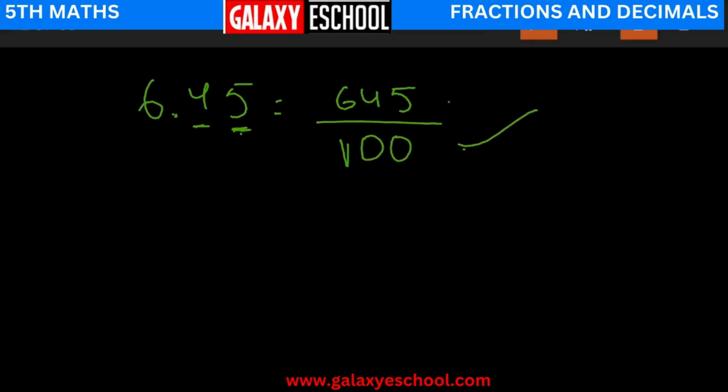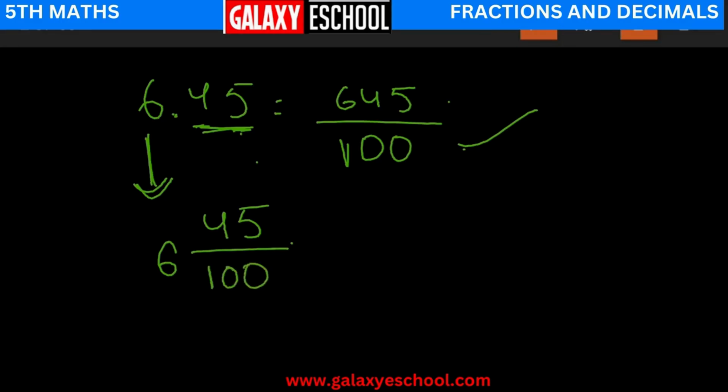And another way to write this is the whole number part, that is 6, will be written as it is, and then write the decimal part as the numerator divided by, again what will be the denominator? After 1 we have to place 2 zeros. Why? Because in the decimal given we are having 2 decimal places.